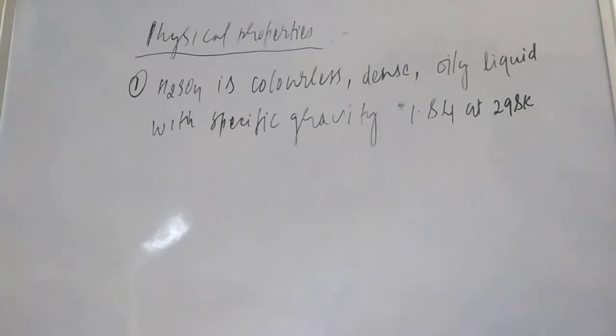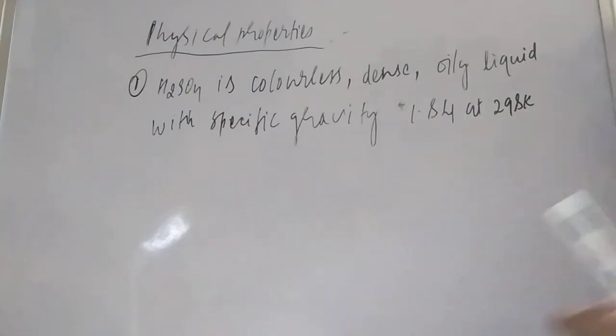So the first point is that H2SO4 is a colorless, dense, oily liquid with specific gravity, which I already told you is 1.84, at what temperature you are calculating the specific gravity.